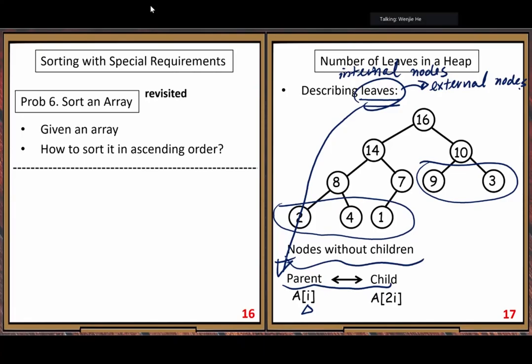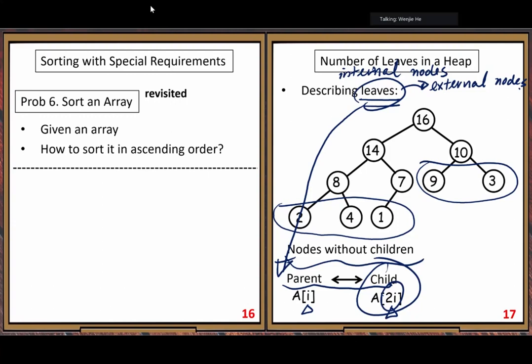That means if you look at its possible left child node, you double the index, 2i, and this 2i index will be out of the bound, right? Out of the range for the array indices. That's the way we describe leaves. When you double it, if it's in the range, then you get a valid parent node. A leaf node cannot be a valid parent node.